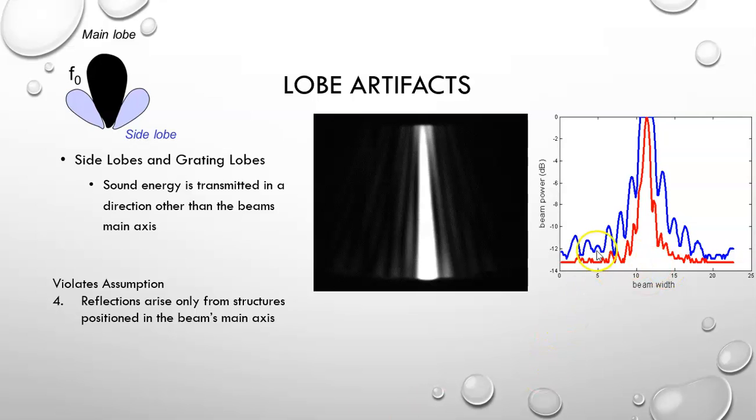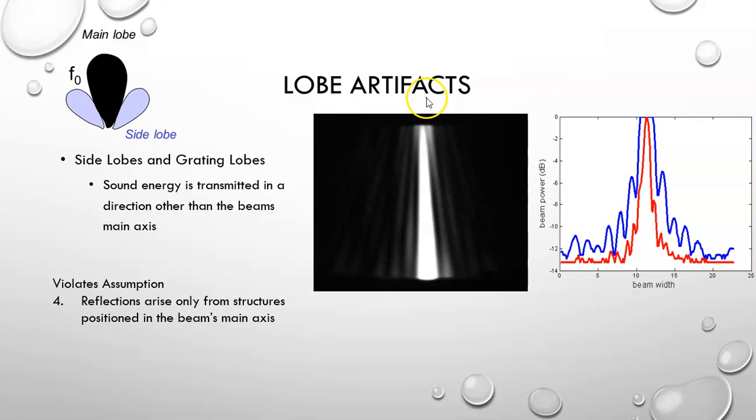And this is showing you, I want to point out this picture on the right here real quick. We see the main axis of the beam is the strongest portion of the signal, but grating lobes exist at various points lateral to that, and so if you have a reflector lateral to the main axis, it can cause a reflection.